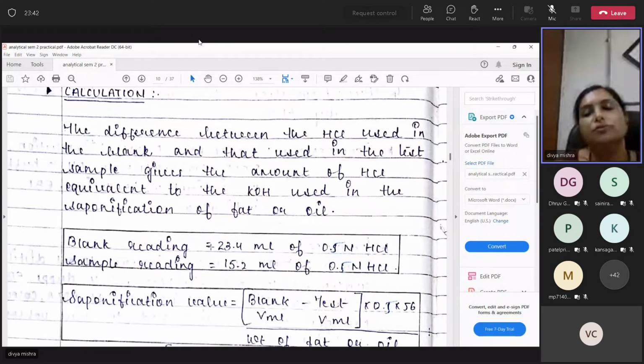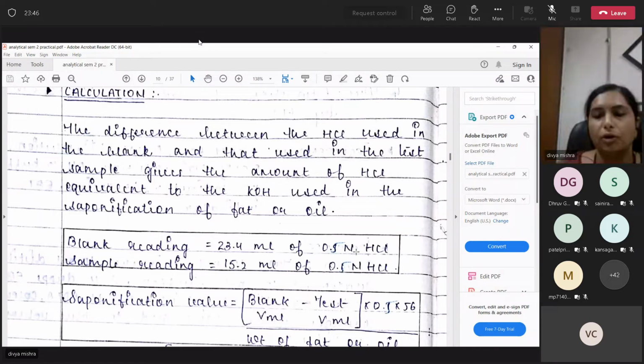Now suppose for the blank reading, I am getting Y ml of 0.5 normal HCl. For the sample, if I am getting X. So what will be the formula?